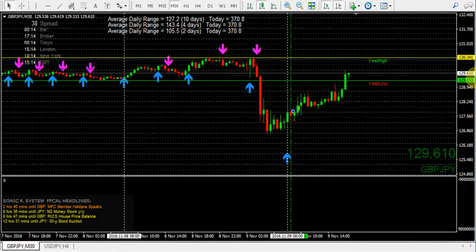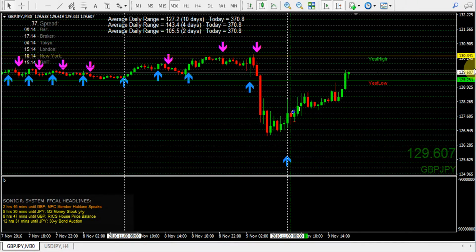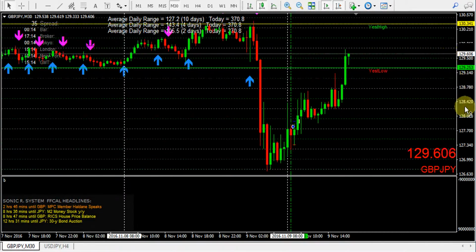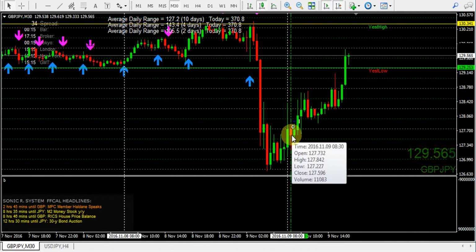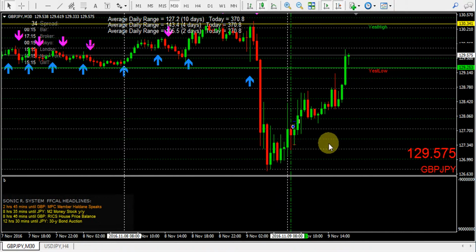Anyway, trends do work, and we had an alert on the 30-minute at this point here. As you can see, in hindsight, you've got your pullback, but it wasn't hindsight at the time. It was doing exactly what I expected price to do, and this method requires that you drop down to the new time frame.